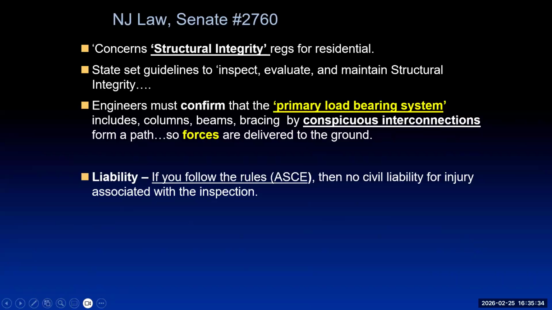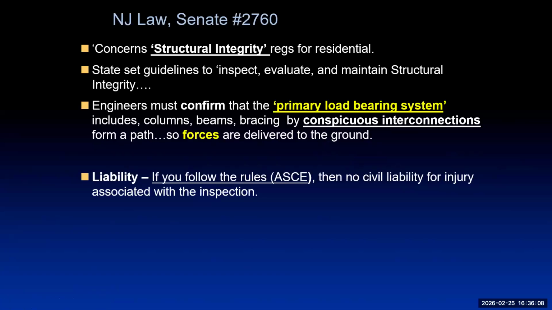New Jersey Senate State 2760 concerns structural integrity regulations for residential structures. It set guidelines to inspect, evaluate, and maintain structural integrity. And the engineers must confirm that the primary load-bearing system includes columns, beams, bracing by conspicuous interconnections that form a path, so forces are delivered to the ground.